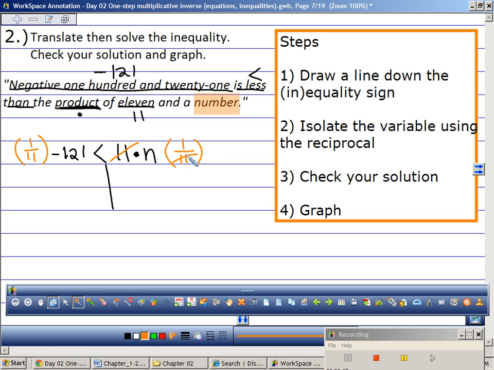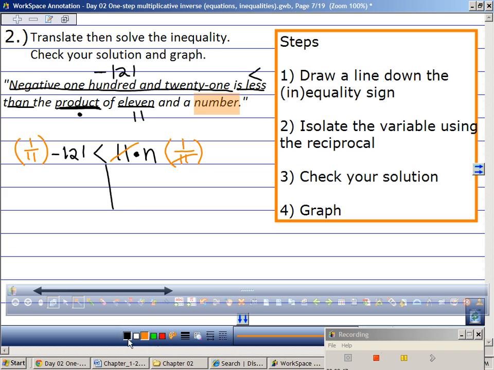When I do that, my 11's cancel, and I'm left with n is actually greater than negative 121 times 1 over 11.